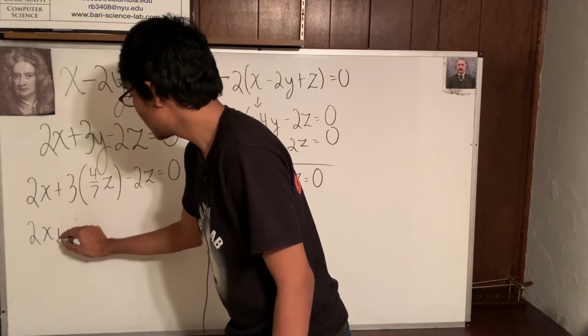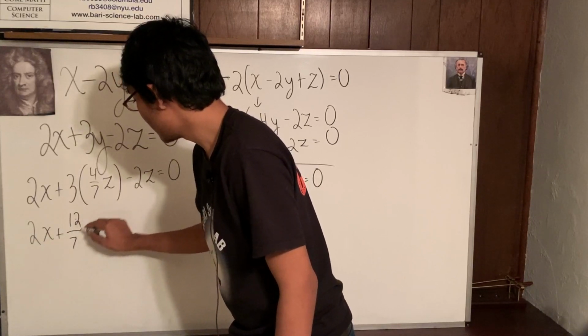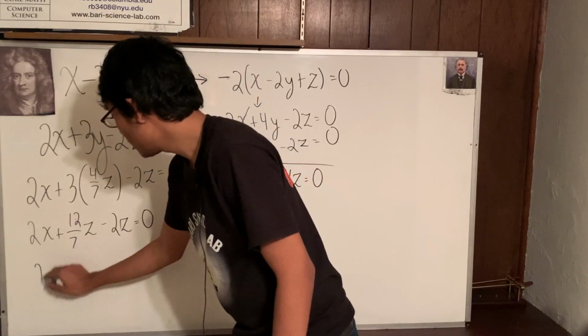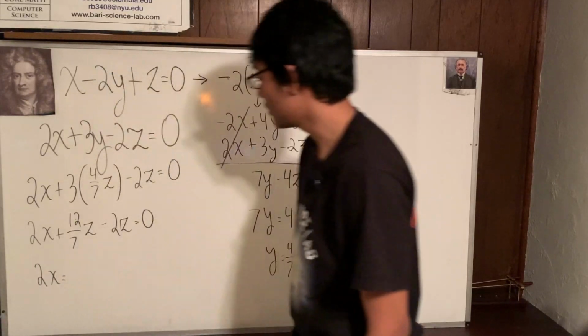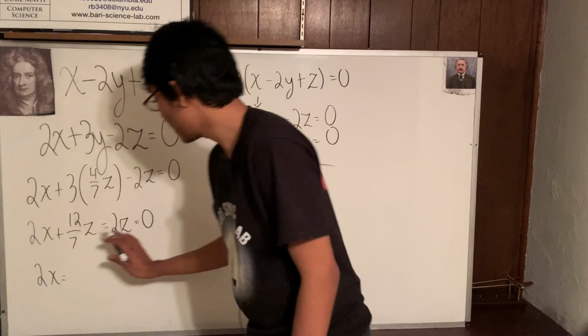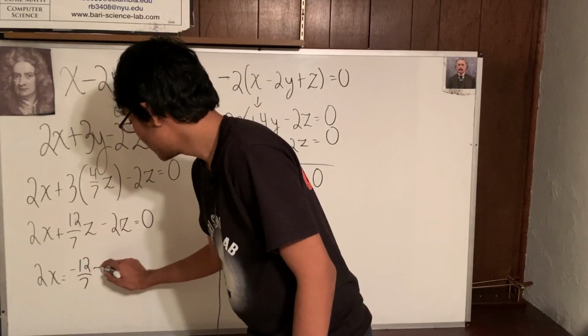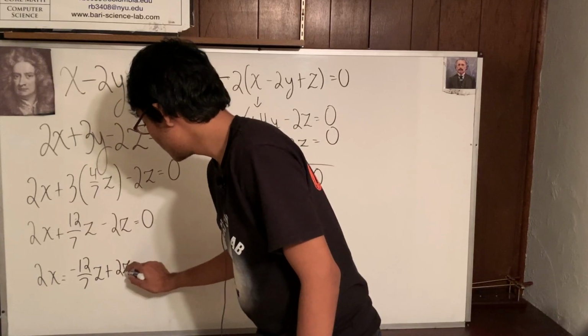And so 2x plus 12 over 7z minus 2z equals 0. So 2x is equal to what? Well, on the right hand side, we'll have minus 12 over 7z plus 2z.